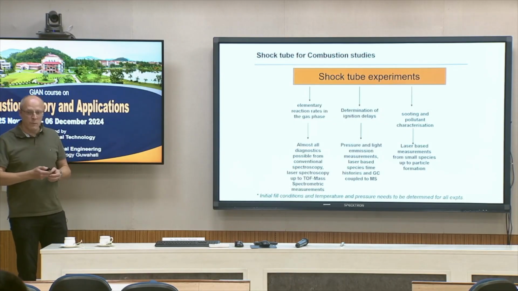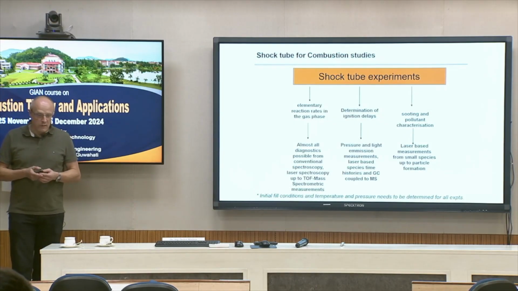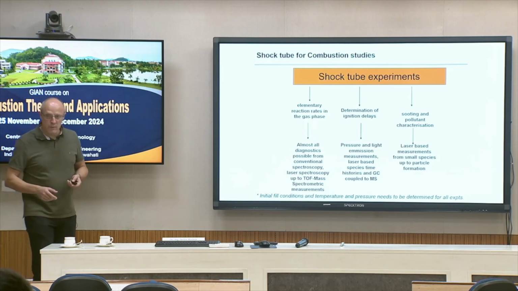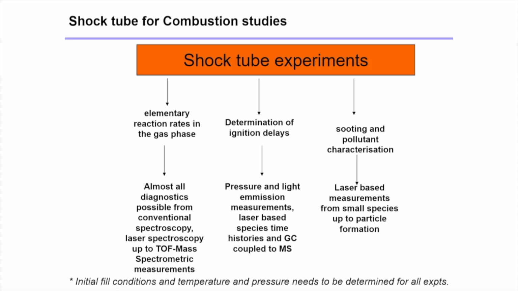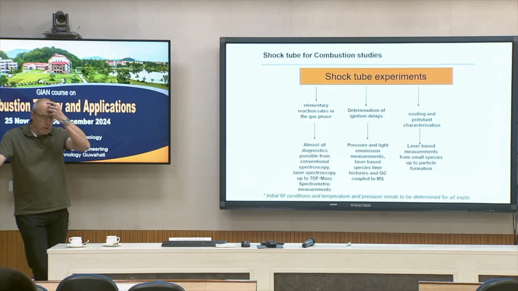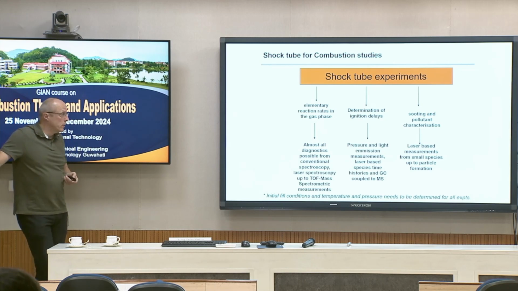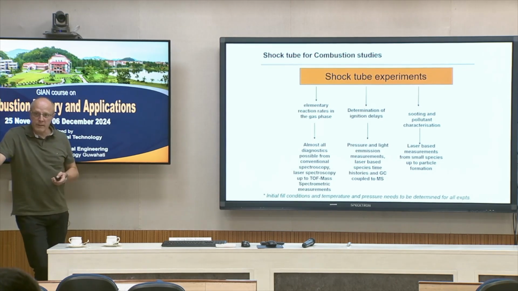You should use the same criteria in your simulations compared to the experimental results. And we can also examine quite complex reaction systems like soot formation. We can determine formation of particles in the observation volume, for example.